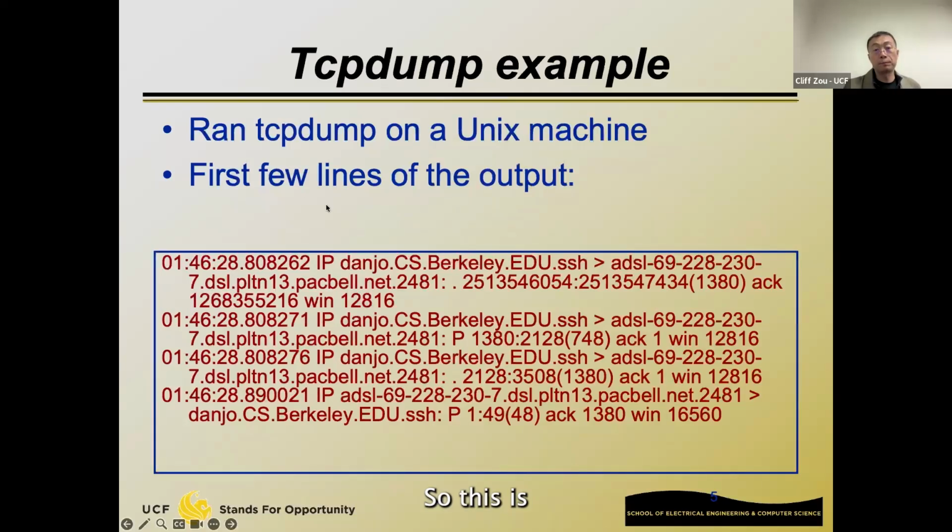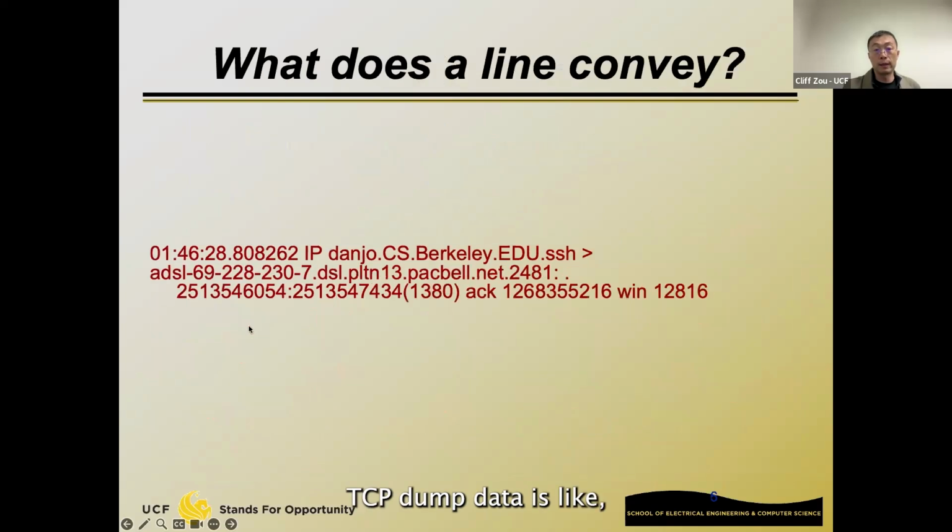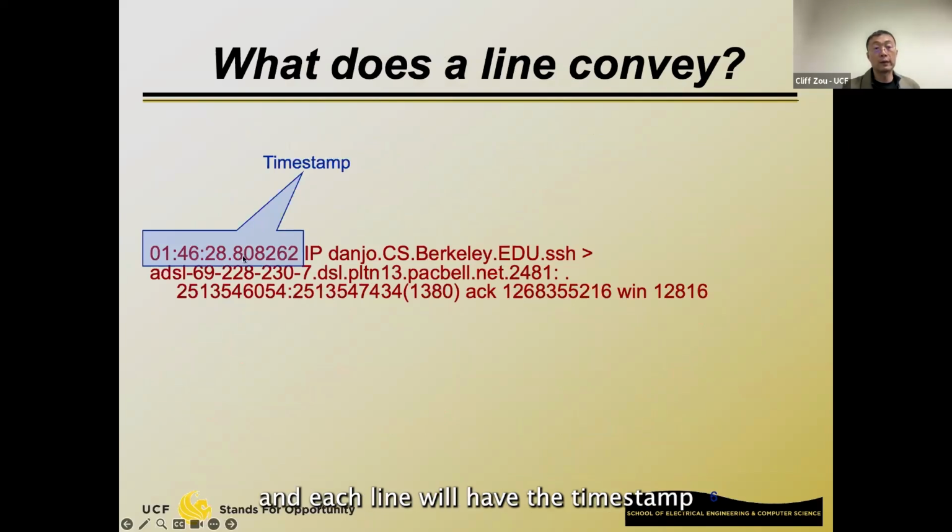So this is TCP dump data. In TCP dump data, each line is one packet, and each line has the timestamp of the Unix machine's CPU time.